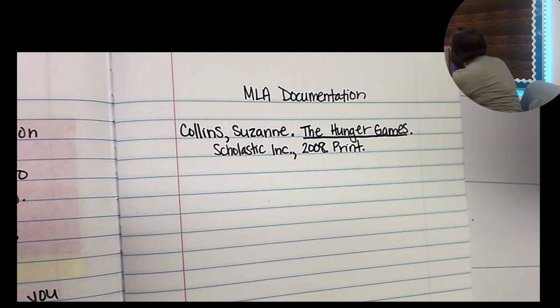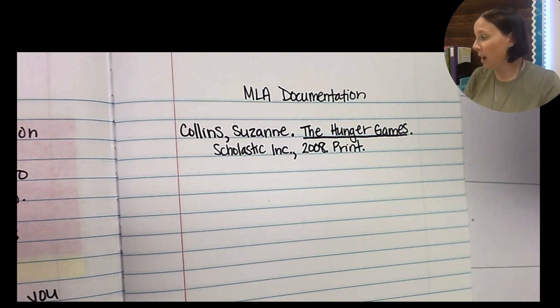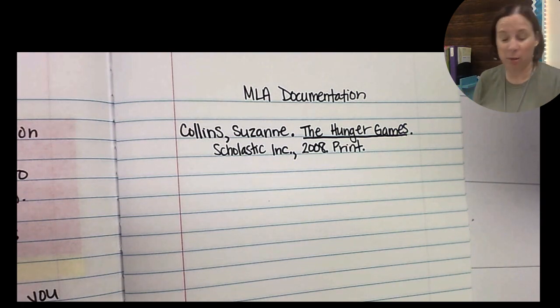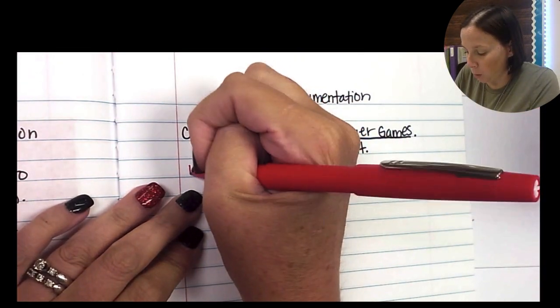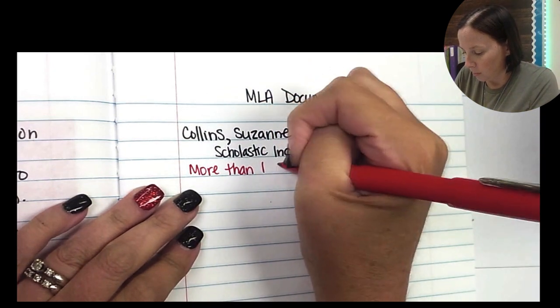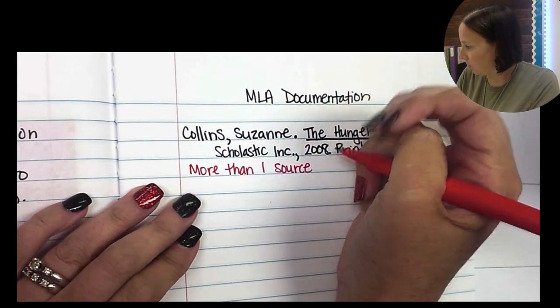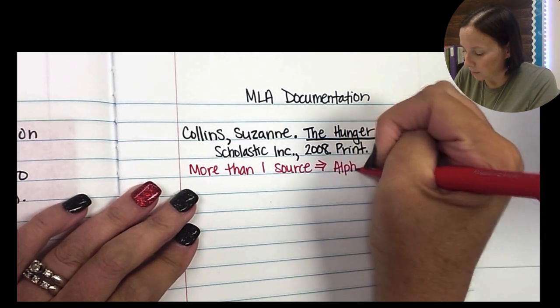Do I expect you guys to get that right the very first time? No, but I will give you feedback on your very first time you have to do it so that you guys can figure it out. Here's something else I need you to understand. If you have more than one source, you need to alphabetize them.